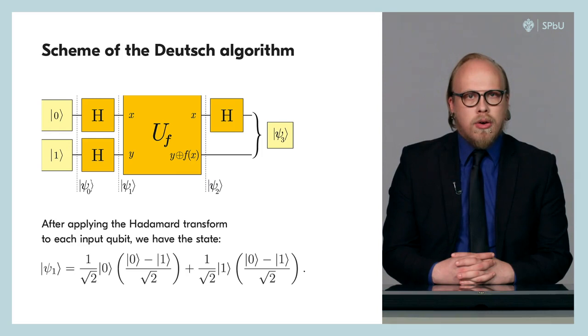Let's see how the oracle will act on such a state. Now, let's consider the transition from the state psi1 to the state psi2.